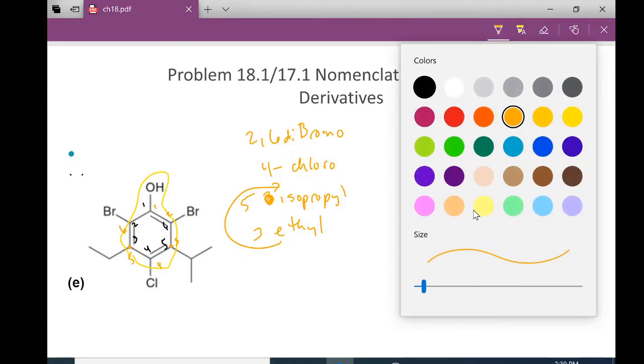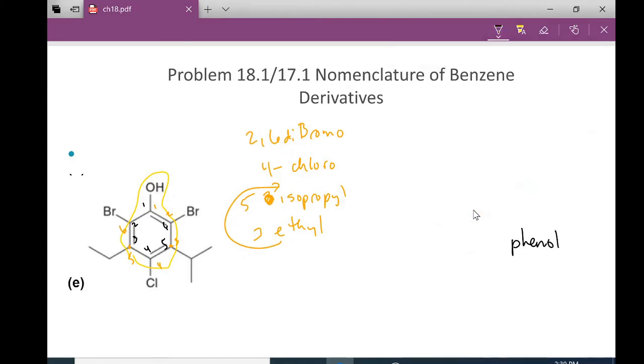So this is a big one. So we've got 2,6-dibromo, 4-chloro, because we're going to alphabetize these, right? Chloro, 3-ethyl, 5-isopropyl phenol. So that's a tough one, but it's not really that hard if you assemble it strategically.